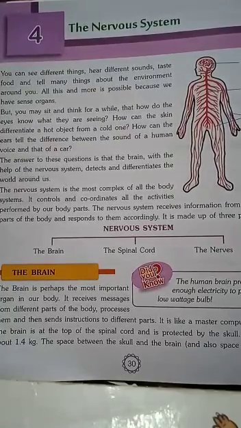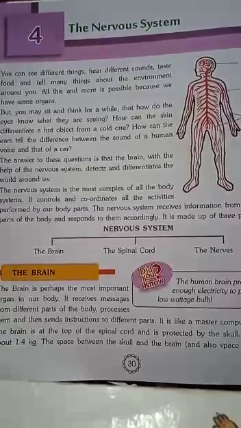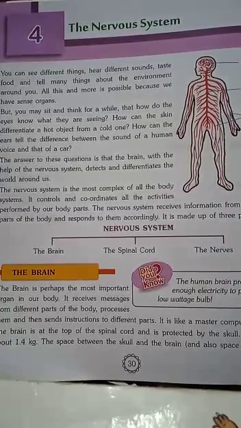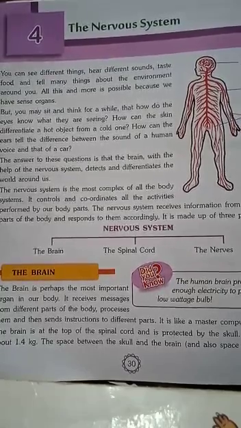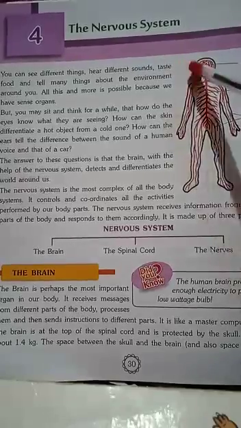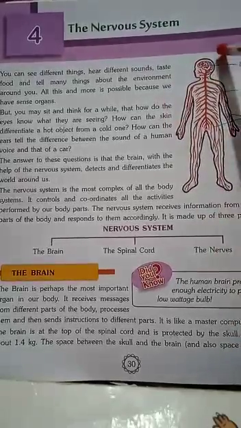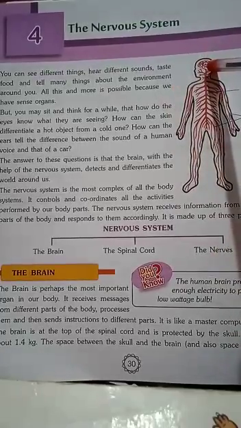Here you want to know that the brain receives a message in a fraction of a second, like when you touch something: it is hot, it is cold, it is sweet, it is sour, it is very spicy. So you come to know that all the information goes to the brain.